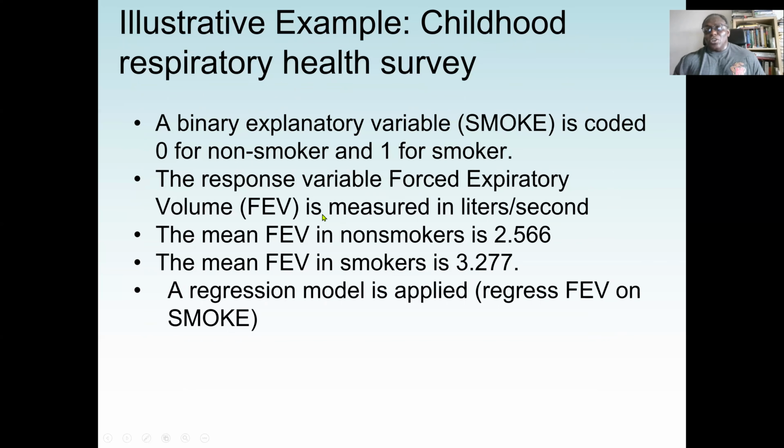Here we are assuming we know how to find the mean. Since the FEV is measured in liters per second, we may have maybe a patient at 20 liters per second, another one at 45 liters per second. So we may have the data set. All we need to do is add all the data, then divide by the number of patients we have. So that's how we came up with these two values.